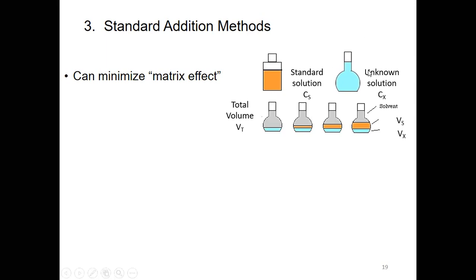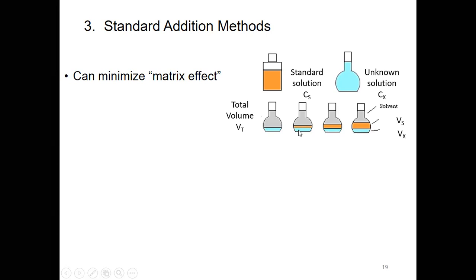So again, what is happening in the standard addition method? Let's say we are preparing samples in volumetric flasks, and for different volumetric flasks, we will add the same volume of unknown solution. The blue one is the unknown solution.